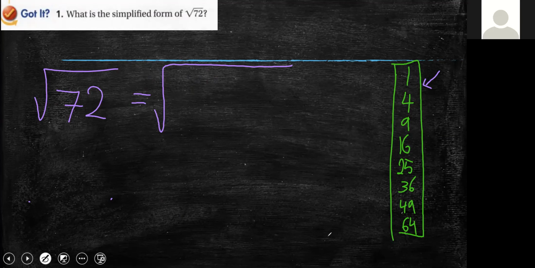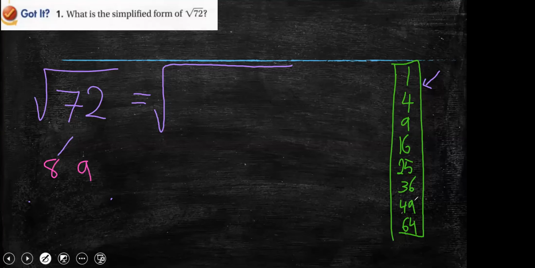One of them must be a perfect square. If you want to factorize 72, you can say it is 8 times 9. Is it right?